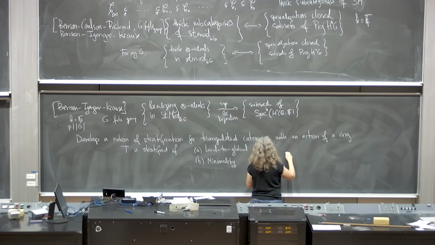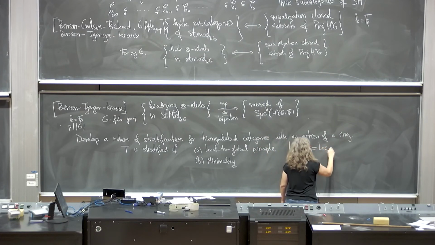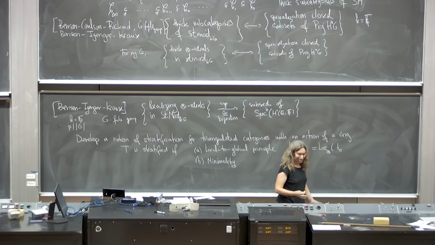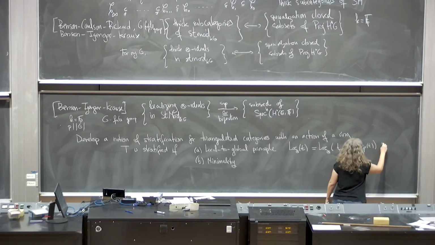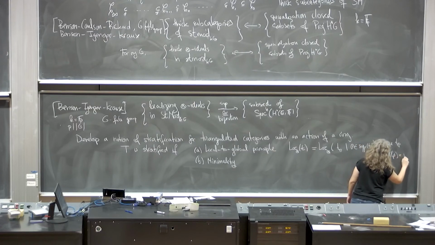So for each T, you can reconstruct T from T sub p, and there's a formal definition of what I mean by this T sub p, for each p in the support of T, where the support of this T sub p is just p.